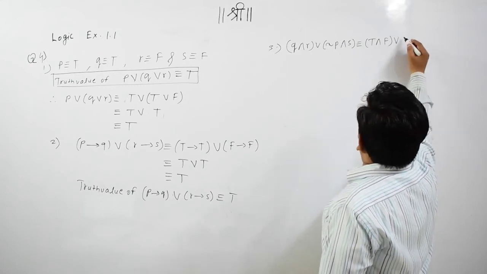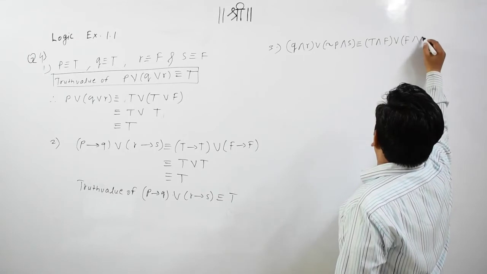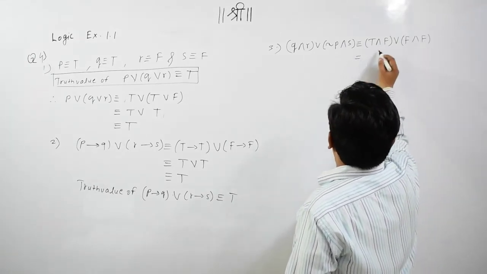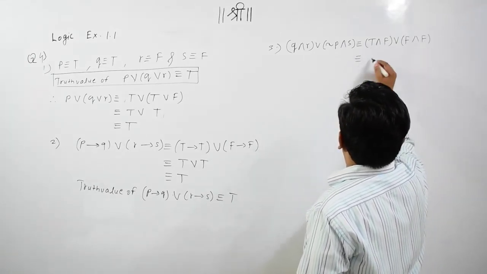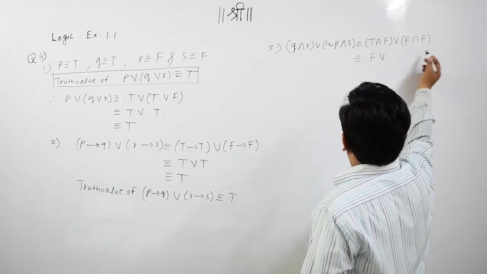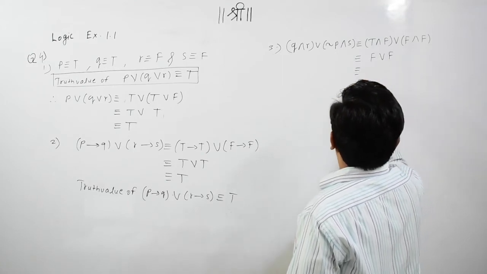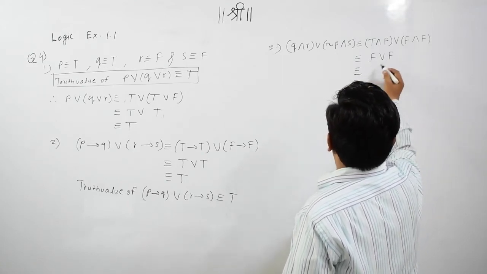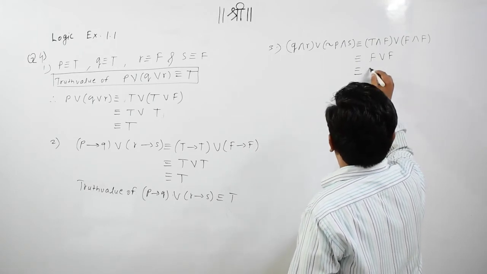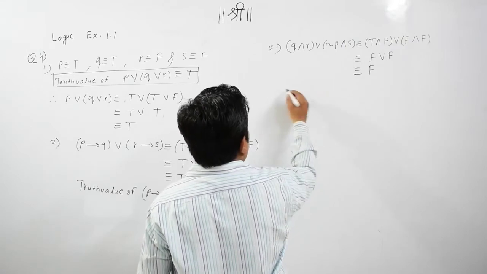So negation of P is nothing but false, and false. So simply 1 into 0 is 0, which means false. Or false, so 0 plus 0 again gives false. So the truth value of this is nothing but false.